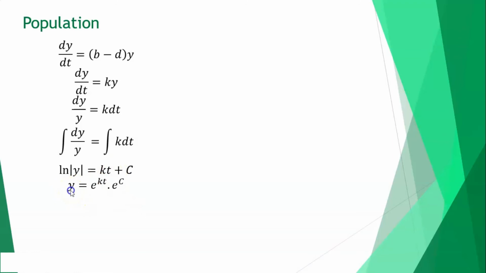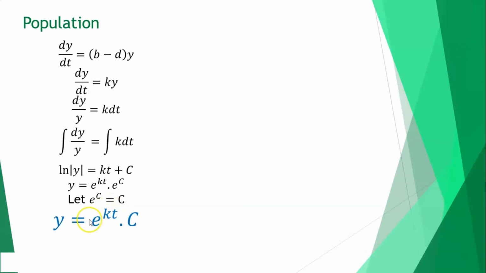Now, rewriting this, y is equal to e to the power of kt times e to the power of c. Since e to the power of c is a constant, let's rewrite it as c.